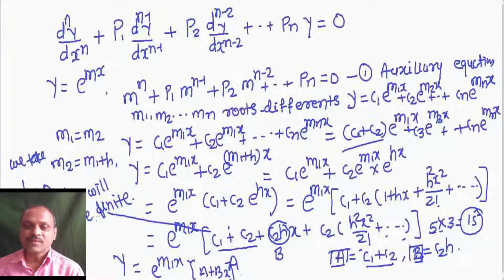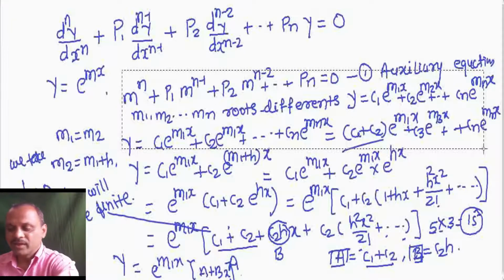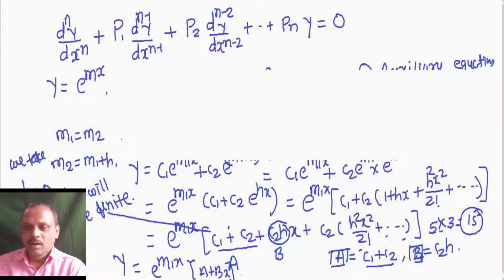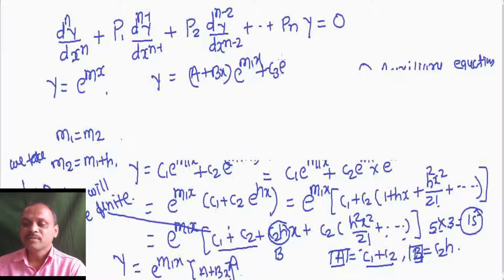So here you can see that as the auxiliary equation has two repeated roots, the solution of this equation is written as y = (A + Bx) e^(m1x) + c3 e^(m3x) + ... + cn e^(mnx).